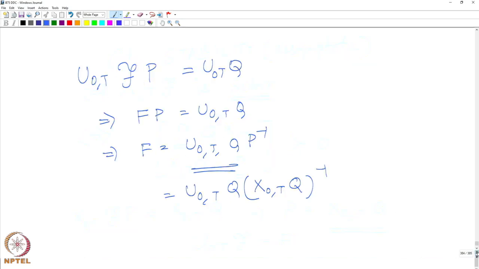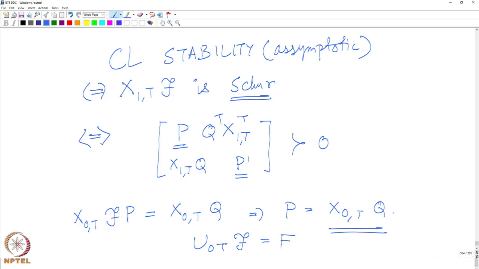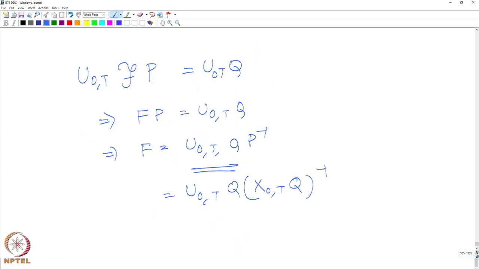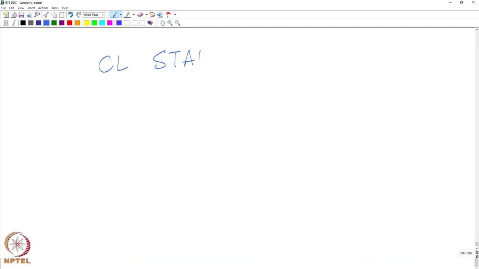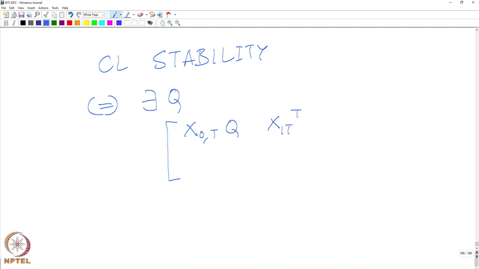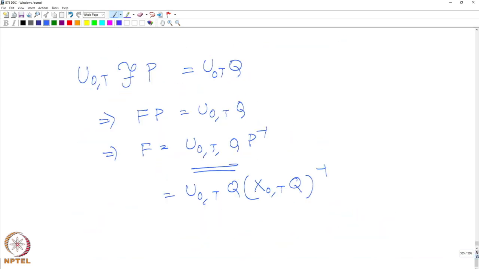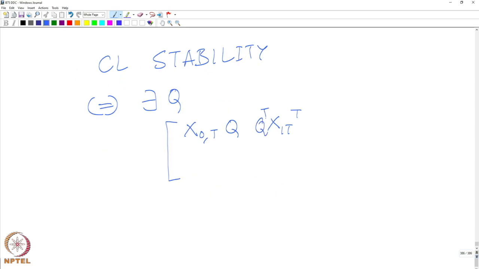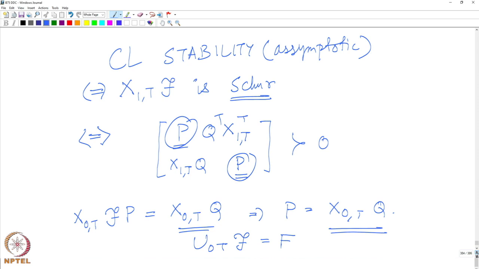So, then in terms of only one unknown matrix Q, I have the following. I will replace these P's by x0 T Q. So, I have closed loop stability, asymptotic, if and only if there exists a matrix Q of proper size, so that x0 T Q, x1 T transpose, Q transpose x1 T, x0 T Q is positive definite.